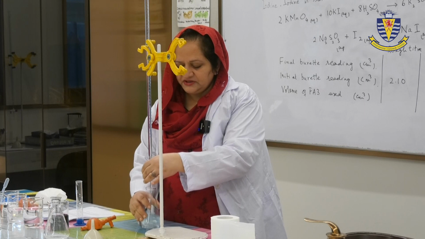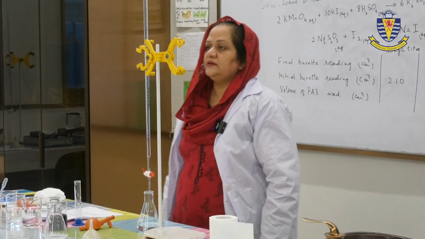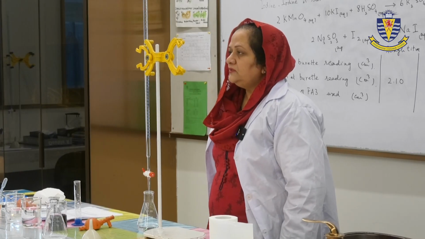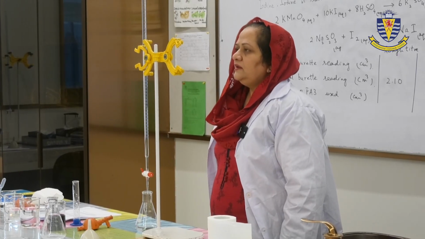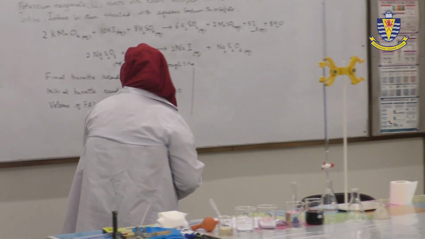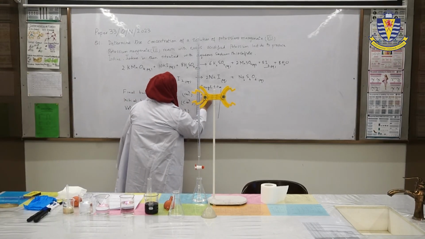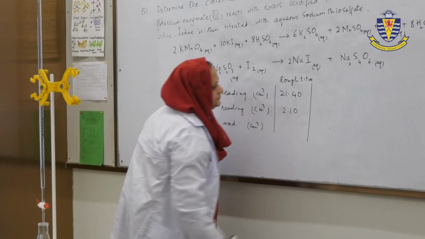There is a sudden color change and you have to note down that the color change has occurred. So note down the volume, that is 21.4. Okay, so my final burette reading is 21.40.